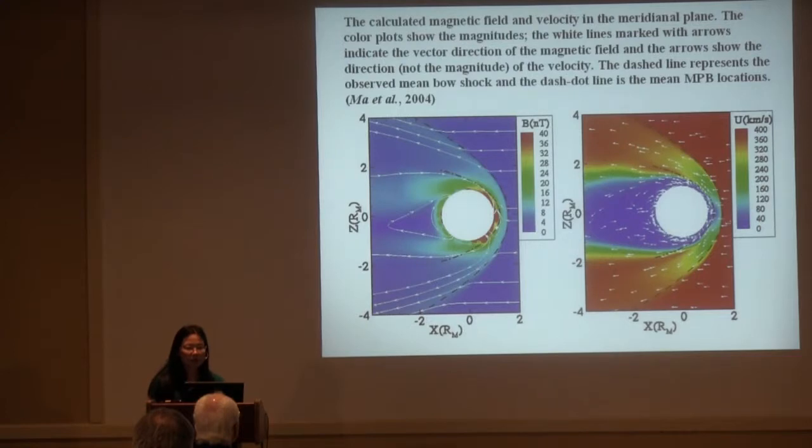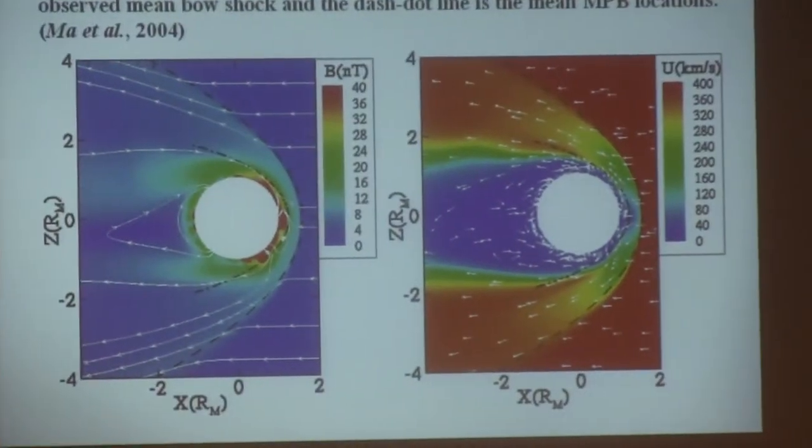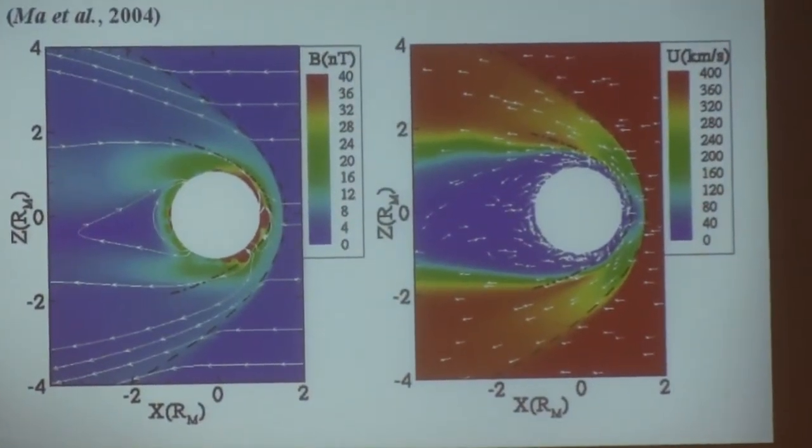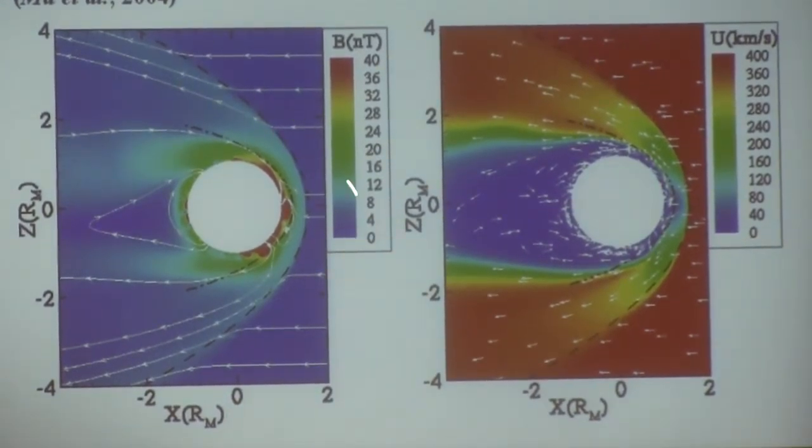Moving on to Mars. This is the magnetic field and the velocity contour for Mars for solar maximum condition. As you can see, we also reproduce quite well the plasma boundaries around Mars.